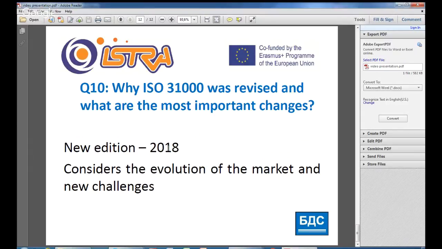A revised version of ISO 31000 was published in 2018, as already mentioned, and that was to take into account the evolution of the market and the new challenges which businesses and organizations face since the standard was first released in 2008, sorry, 2009.